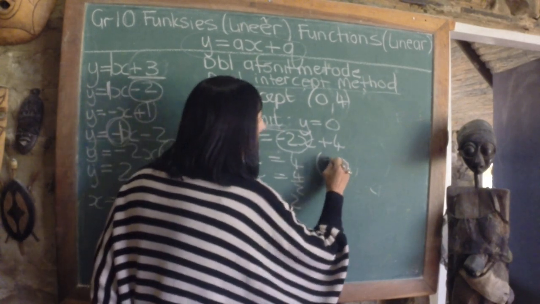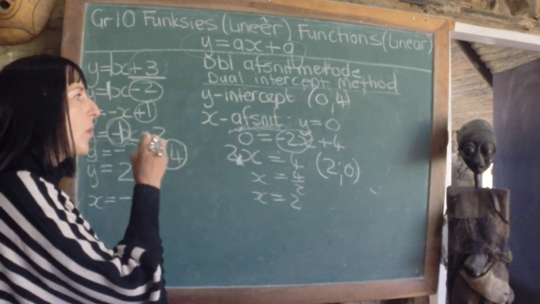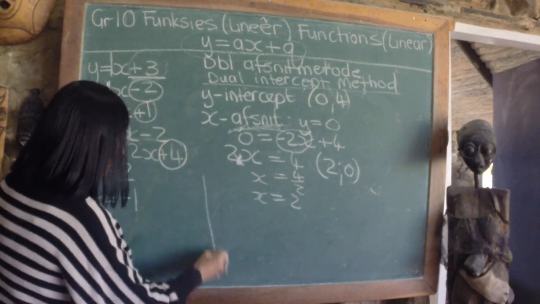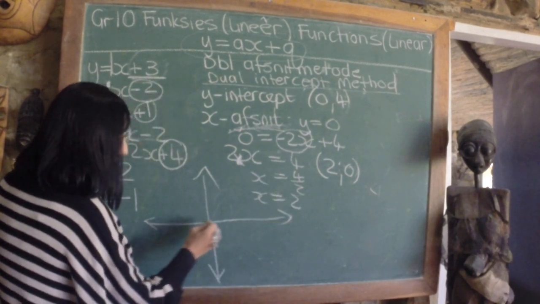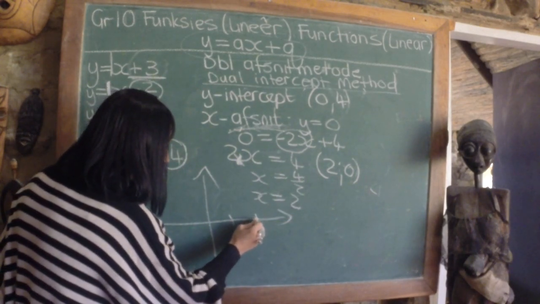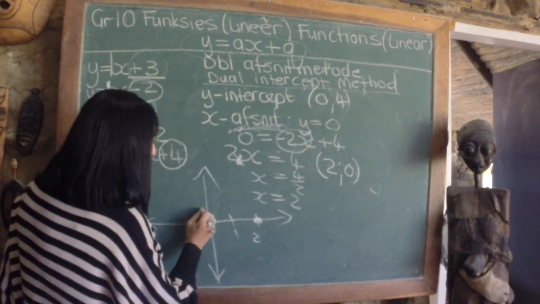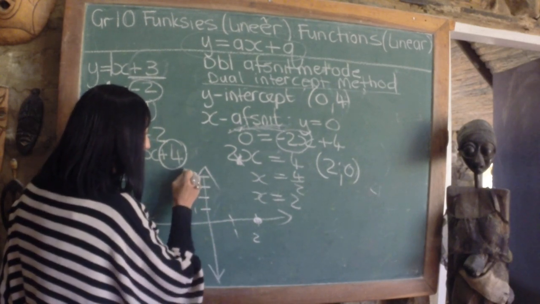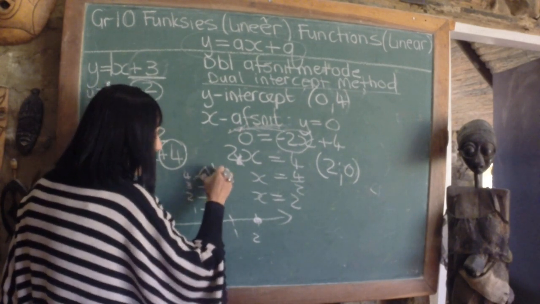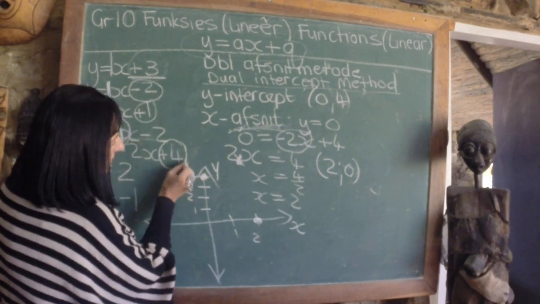So wat is my koördinaat? And remember to write down the coordinate. Jy moet hom neerskryf. So as ons hom gaan teken, ek het op my positiewe x-as 'n 1 en 'n 2. Color the dots. On the y-axis, I'm going to 1, 2, 3, 4, positive y-axis, x-axis, color the dot.